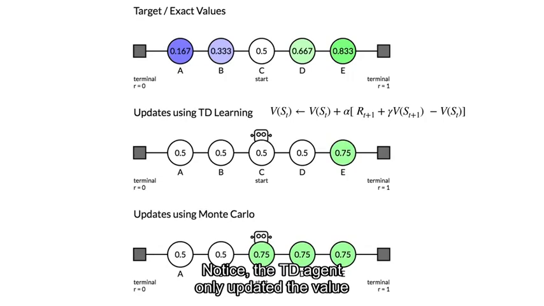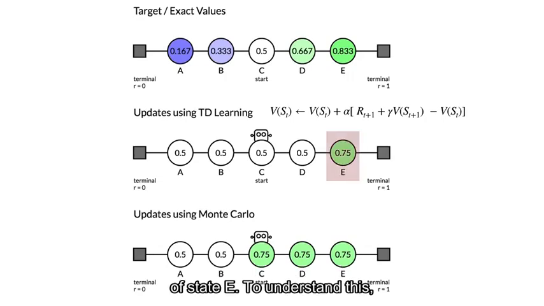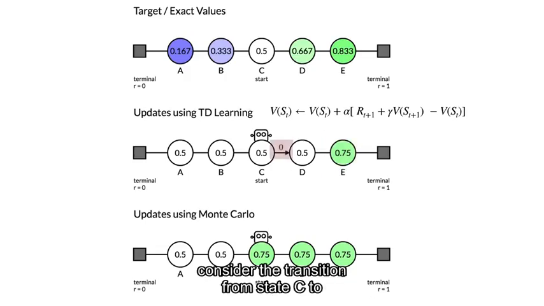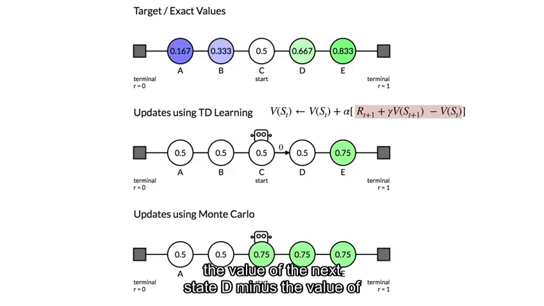Notice the TD agent only updated the value of state E. To understand this, consider the transition from state C to D. The TD error is equal to the reward on the transition plus the value of the next state, D, minus the value of state C. The reward is 0 because this is a non-terminal transition.